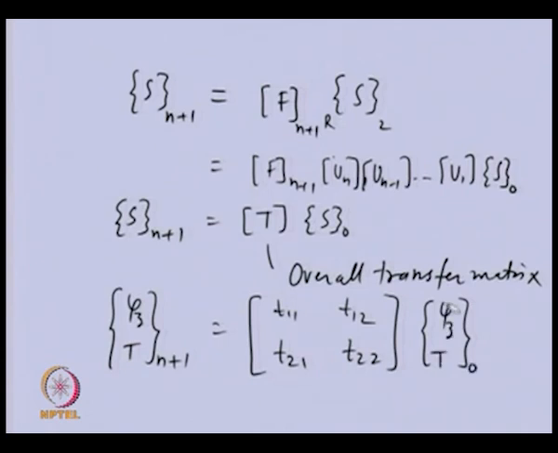So, you can see that we transfer the information of the state vector at 0 station by multiplying by the overall transfer matrix to the extreme right side. So, from 0 station to n plus 1 station we can get the information, and from other relations we can get the intermediate station information.